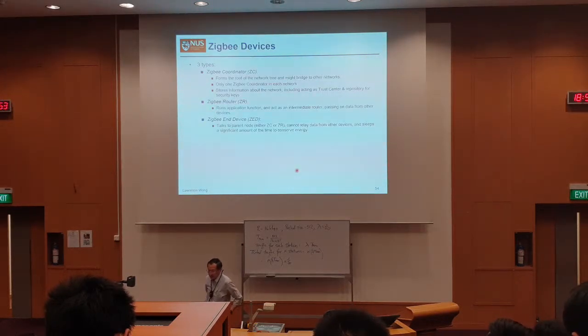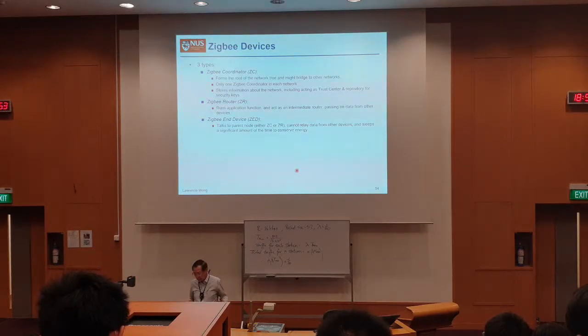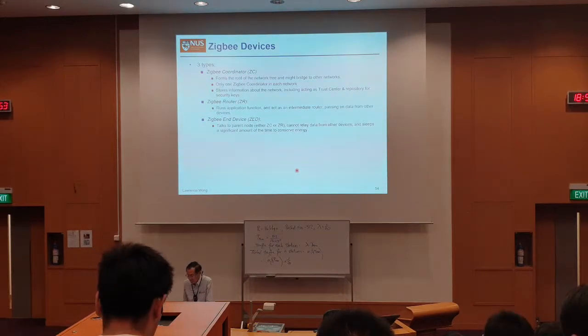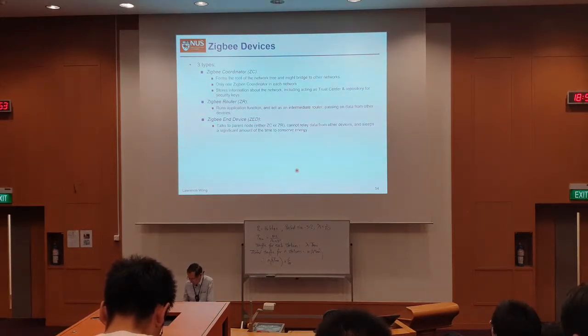It comprises 3 classes of devices. The ZigBee coordinator forms the root of the network. Then you have the ZigBee router, which relays information to the coordinator, and the end device itself. Three parts.